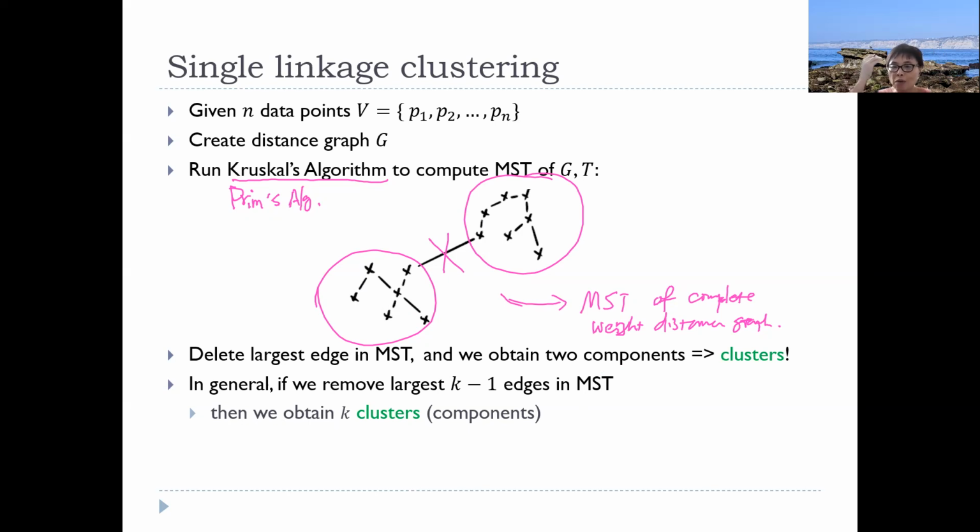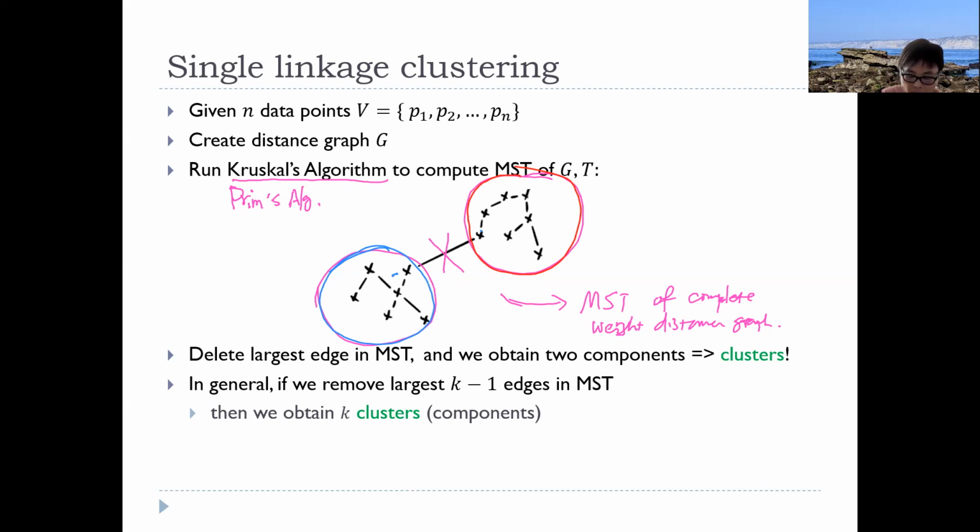If I remove the largest weight edge, intuitively I find the two clusters that can be connected using as little cost as possible. This largest edge is the cheapest way of connecting this portion. Let me color them, the red portion and the blue portion. If I cut this way, this is the closest distance between a red point and a blue point. I want this length to be as large as possible.